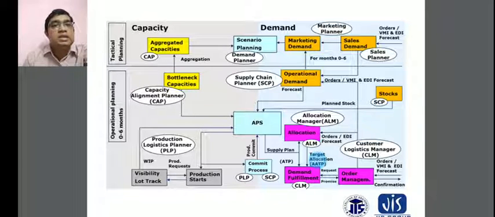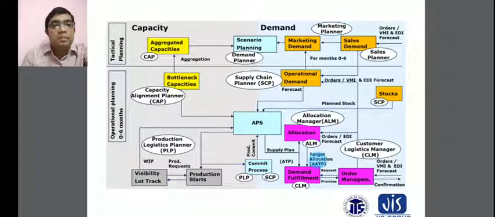Another thing, the supply chain planners come from the SCP, and the bottleneck capacities also come from the supply chain planners and the APS. And the capacity alignment planner, CAP, comes from here.